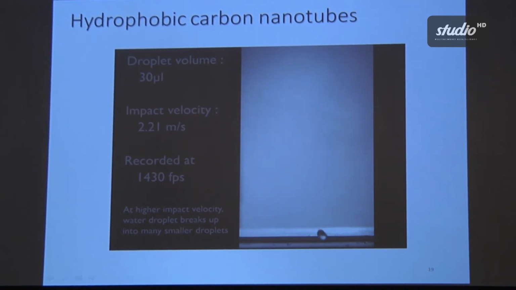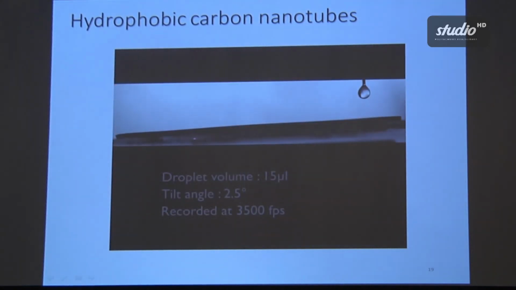It just forms additional smaller parts and breaks into smaller droplets. This is when we have tilted the sample. It will just bounce down a few times. So it's showing you that carbon nanotubes are very hard to wet by any water-based liquid.